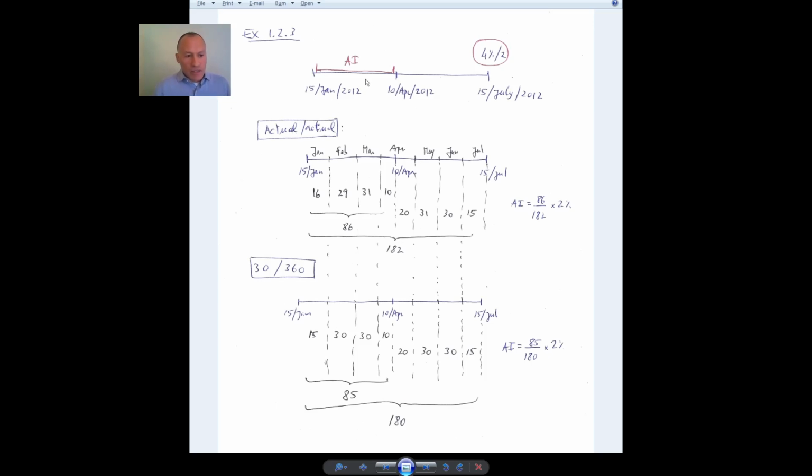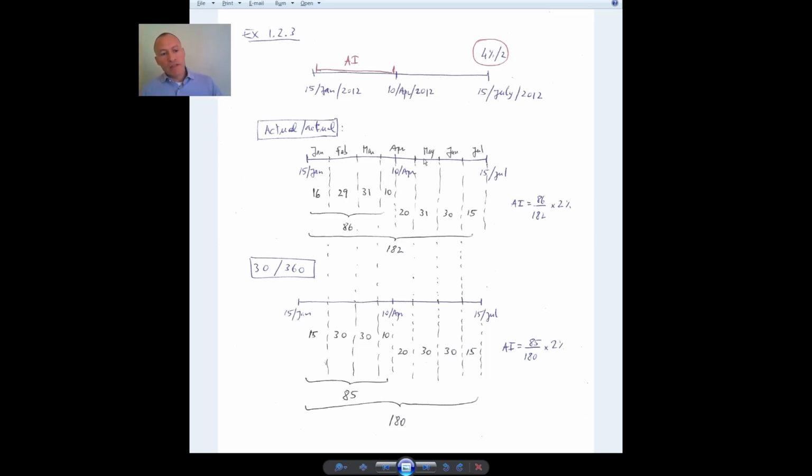So let's count how many days are between the 15th of January and the 10th of April on the calendar, all right? So January has 31 days. So from the 15th to the 31st, you have 16 days. Then February in a leap year has 29 days. March 31, and from here to here 10 more days. So the numerator in the accrued interest is 86.